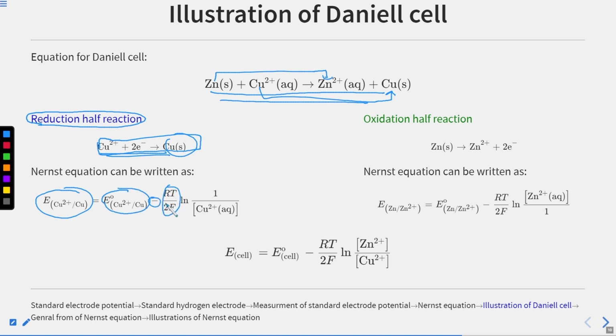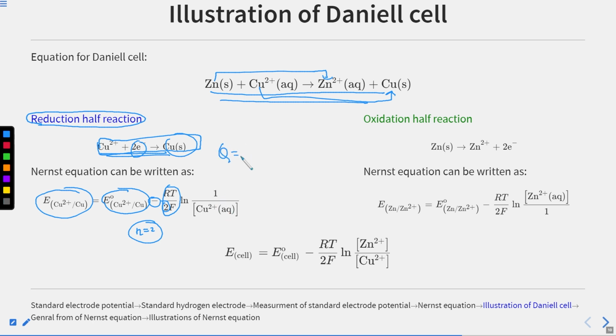Why have I taken 2 here? Because the number of electrons involved is 2, so the value of n will be equal to 2. Now ln Q. I have taken Q equal to 1 by Cu2+ aqueous. Do not get confused with it.